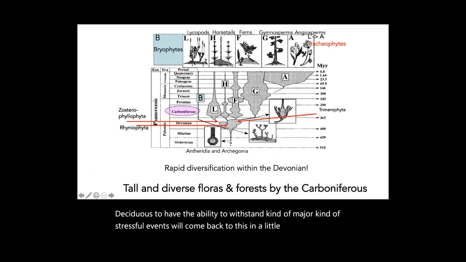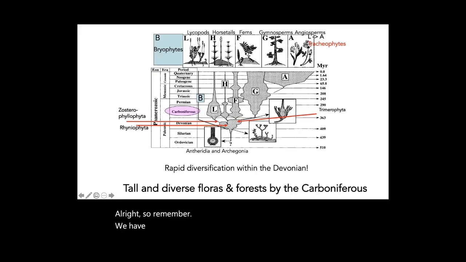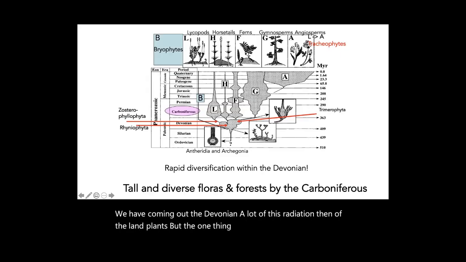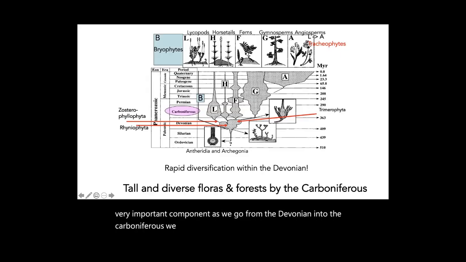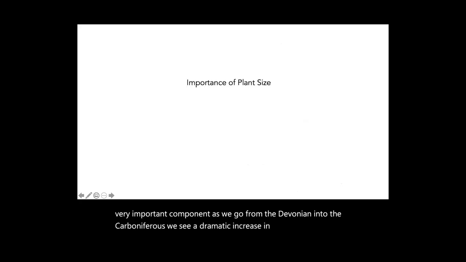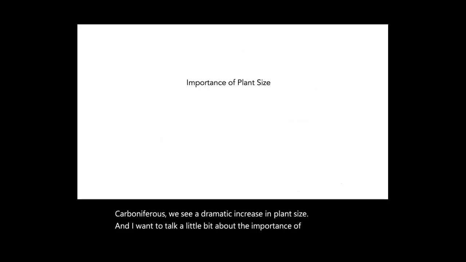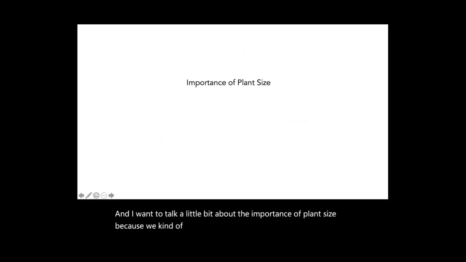All right. So remember, coming out of the Devonian, we have a lot of radiation of the land plants. But the one thing I want to return to right now is a very important component. As we go from the Devonian into the Carboniferous, we see a dramatic increase in plant size. I want to talk a little bit about the importance of plant size, because we take for granted the fact that we have big trees around.